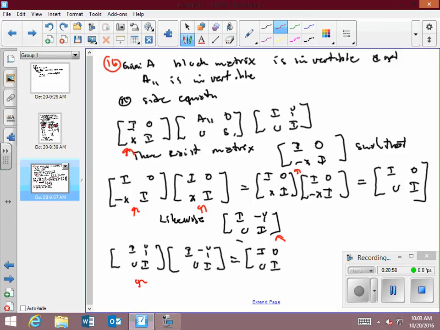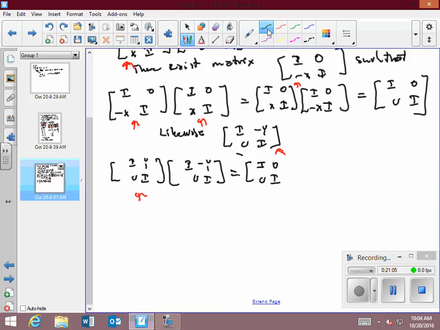So then if we take this matrix, call it A11, A12, A21, A22, and we multiply it by I, 0, X, I inverse, and that exists, we just showed that that exists.